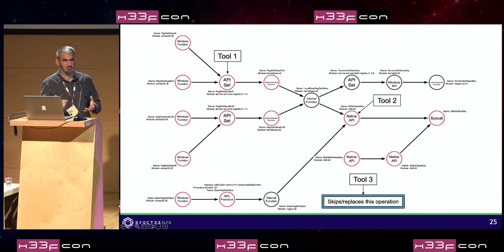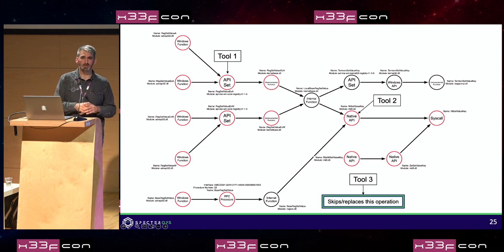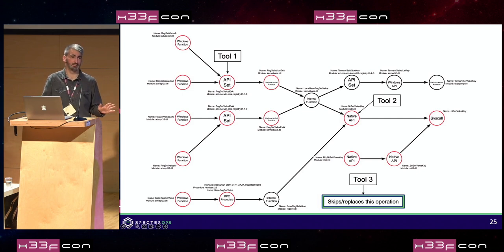We might have another tool that calls the native version of this API. Then we might have another tool that skips this operation entirely. It has decided that it can still achieve the same outcome or objective that these other tools do, but doesn't have to call any of these functions.